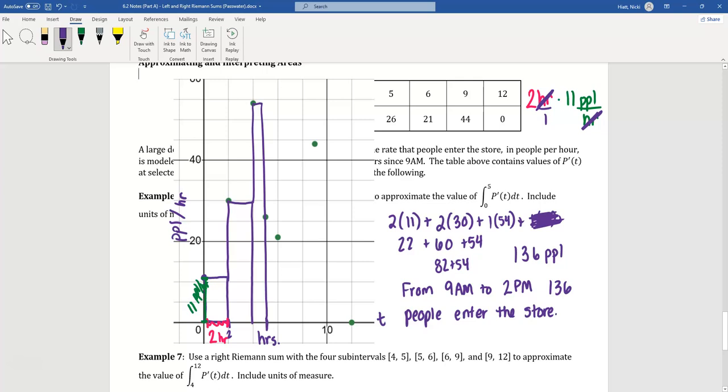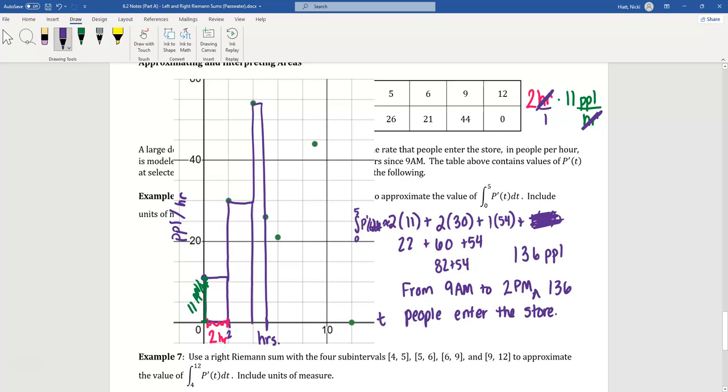Okay, questions? Do we not need to say, like, writing something that... Since it is, yeah, up here for your work, it would be good to say the integral from 0 to 5 of p prime of t dt and use the squiggle.